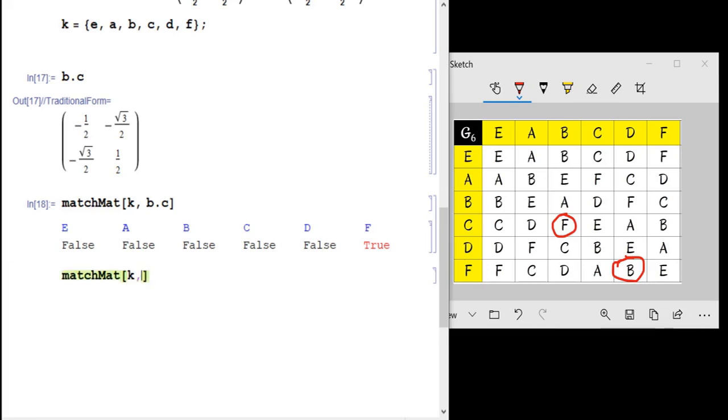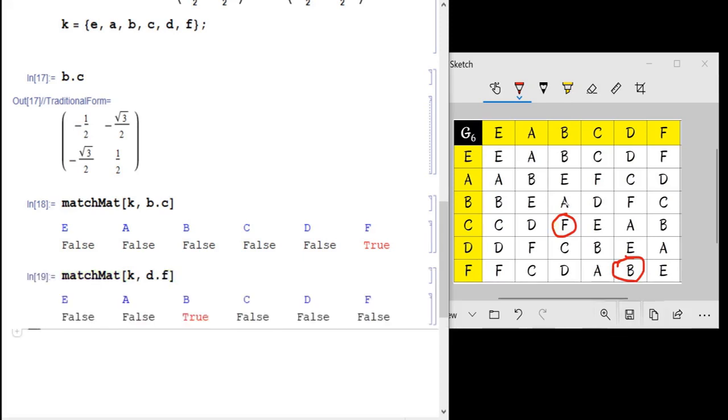I just have to change this to D dot F. Now if you press enter, see the truth table comes in and gives you the answer B, where all others are false. So the answer is B and it is the same result that I have got. In the same way, you can do all other calculations much more quickly with my user-defined function.